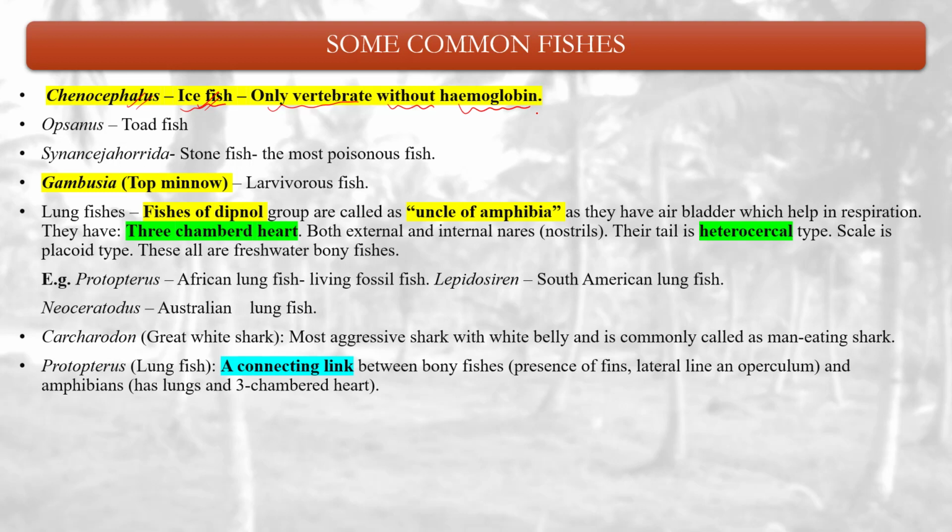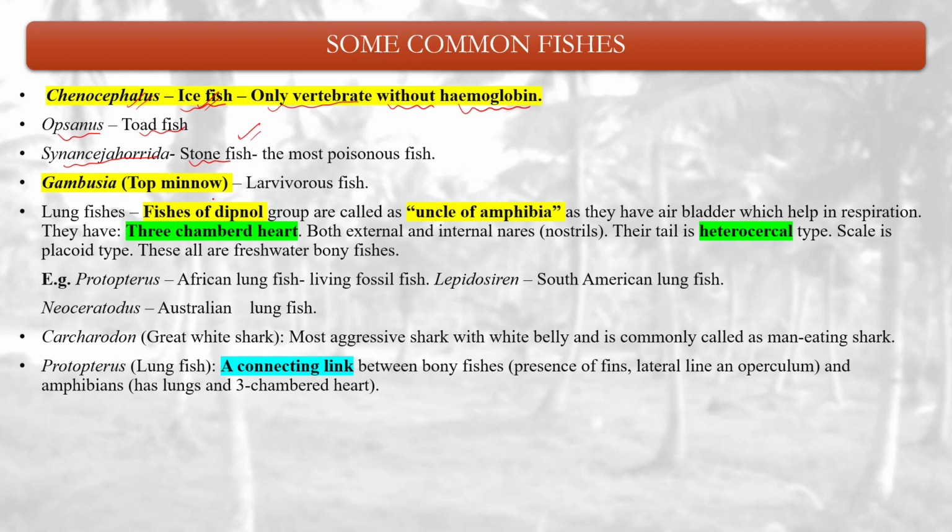Opsanus is the toadfish. Synanceia, the stonefish. Remember the stonefish as the most poisonous fish.